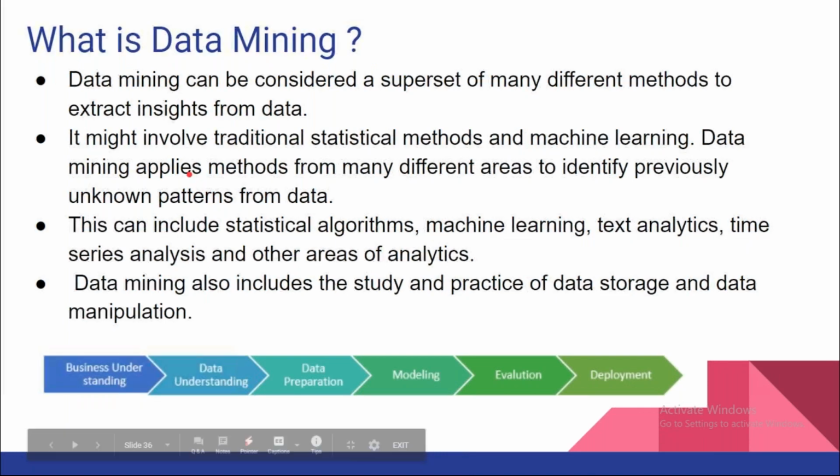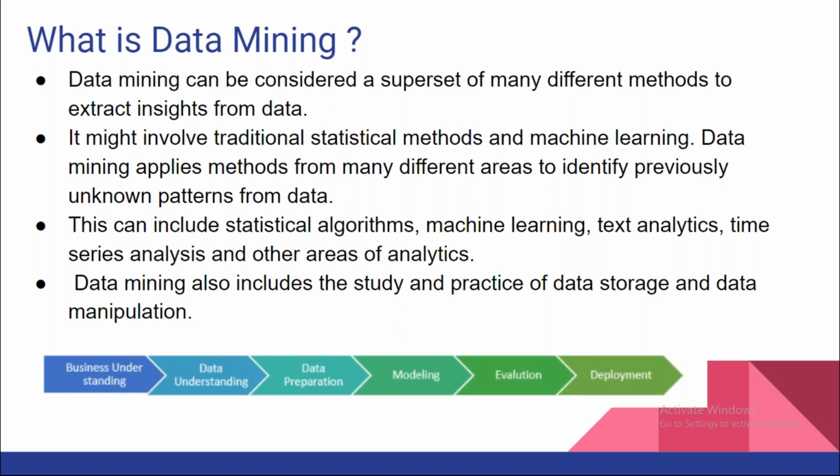So then comes the concept of data mining. Now, data mining can be considered a superset of many different methods to extract insight from data, the different methods that we have seen before, like machine learning, deep learning, data science, data analysis, all sorts of things. It is a superset, basically. So it might involve traditional statistical methods and machine learning.